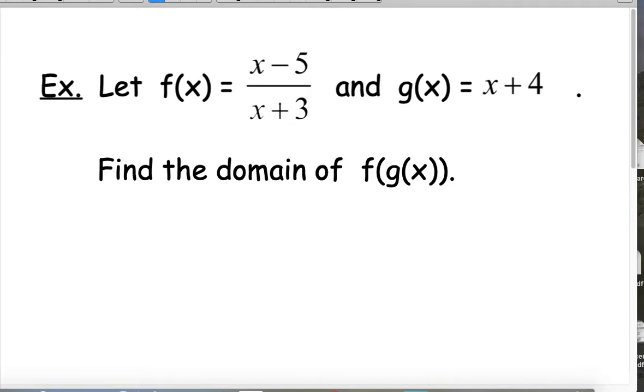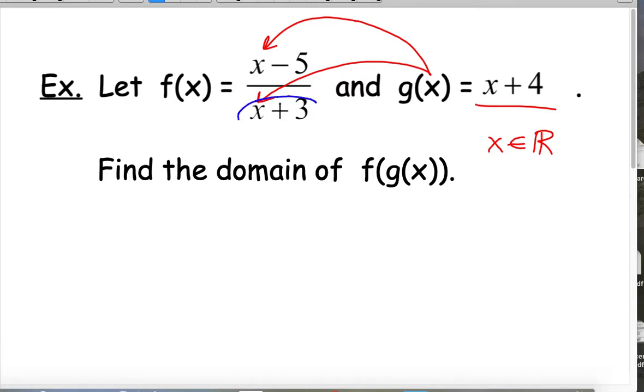So let's start with g of x. What can g of x accept as inputs? Well, x can be any real number. So that doesn't seem to be a problem. But now when I take my output from g of x and I plug it into the input of f, there and there, do I have any issues? Well, yeah, f is a rational function.